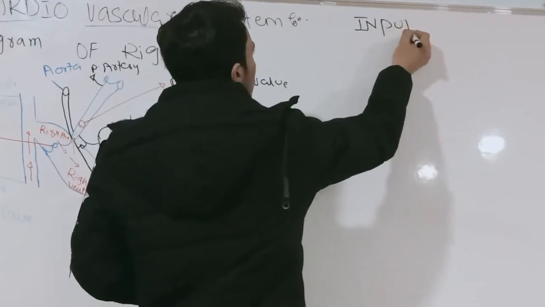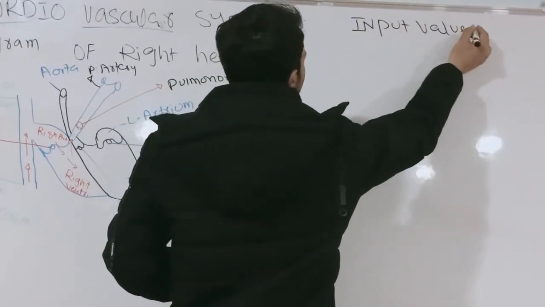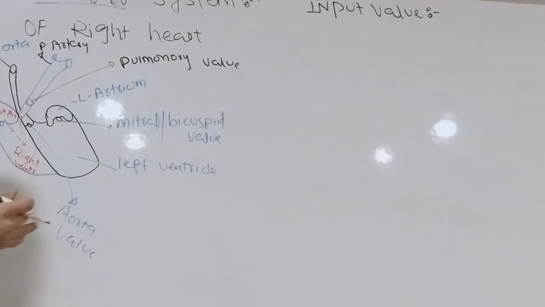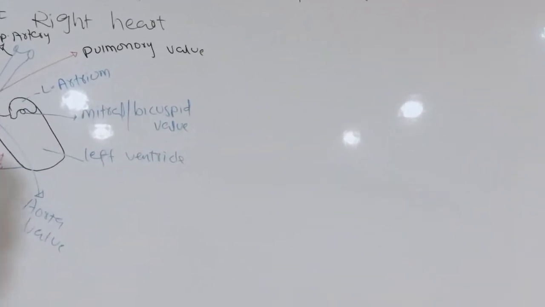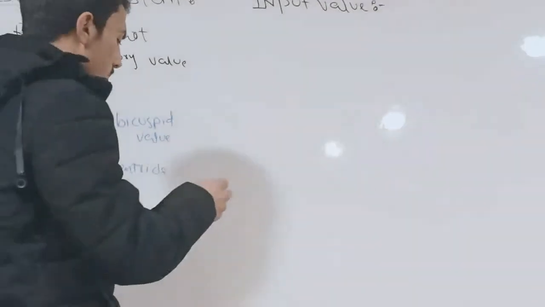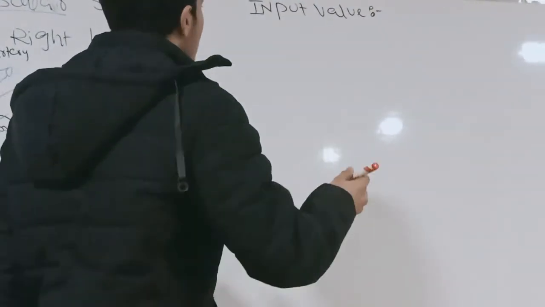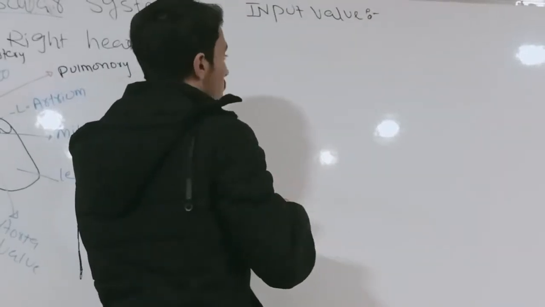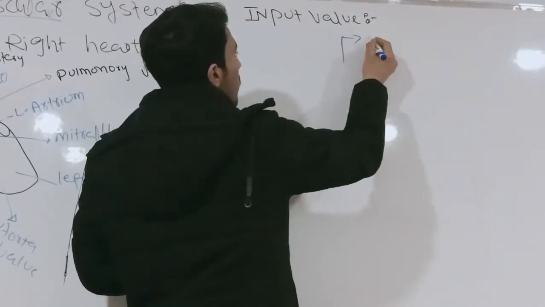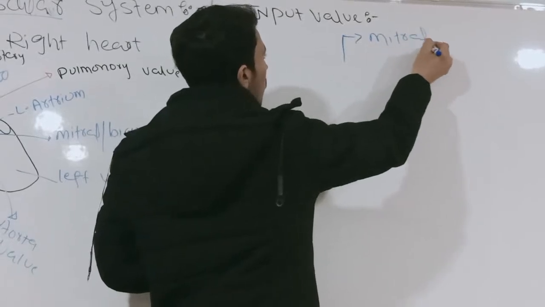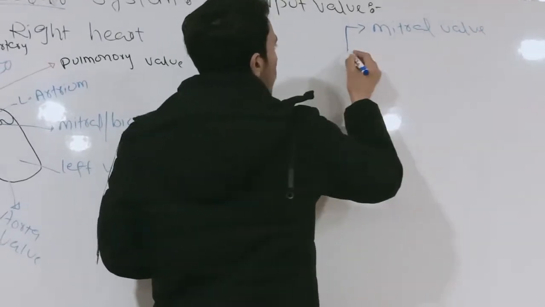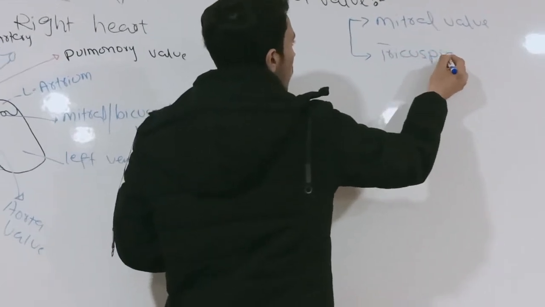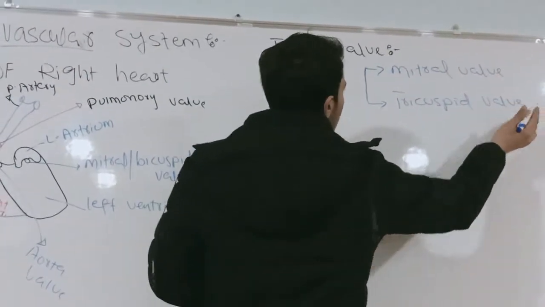Now come to the input valves in the right and left heart. Which are the input valves? The first is the mitral valve, and the second is the tricuspid valve.